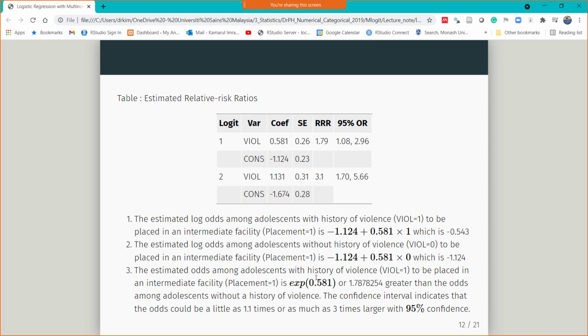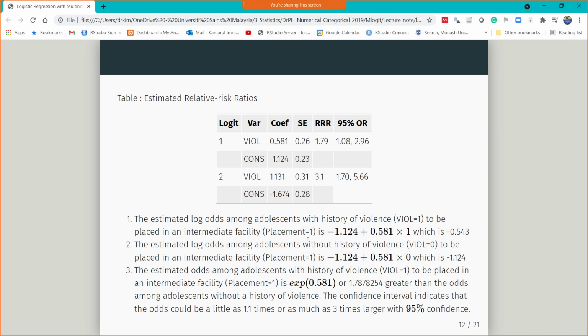So we know that for adolescents with history of violence, the odds to be placed at the intermediate facility was 1.79 times higher than adolescents without history of violence. This is comparing placement 1 against placement 0.